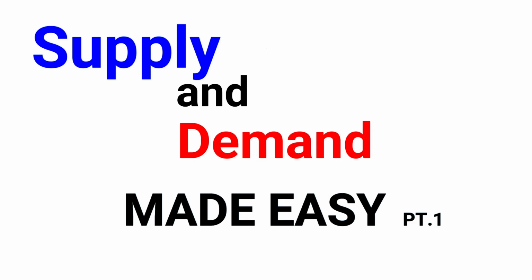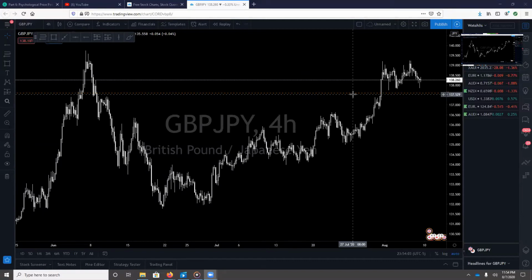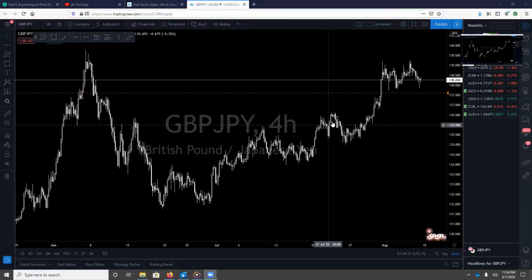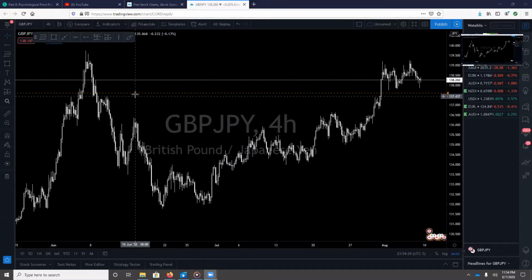Okay, so the purpose of this video is going to be drawing supply and demand zones. And for those of you who don't know, supply and demand is essentially like support and resistance, except it's a designated range, an area, more so than just one specific price level in the market, because price reacts at these zones.